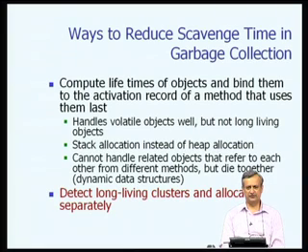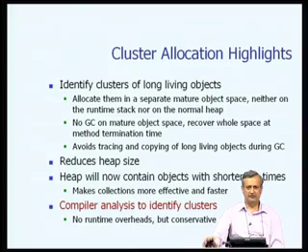Such objects cannot be allocated on the stack, they will have to be allocated on the heap. But if we detect that these are long living objects, and the compiler helps in such detection, then they can be allocated in a separate area. So, the basic principle, as I have been stressing till now, is to detect long living clusters and allocate them separately.